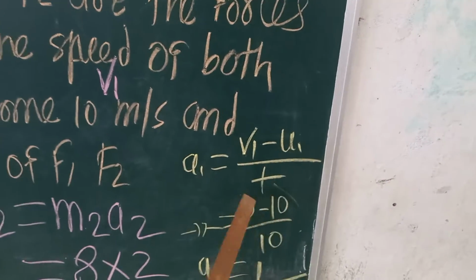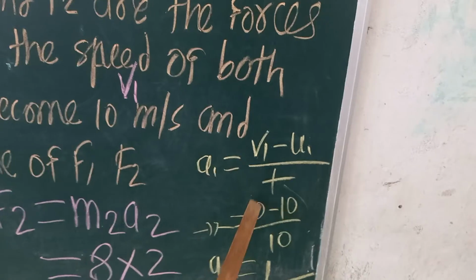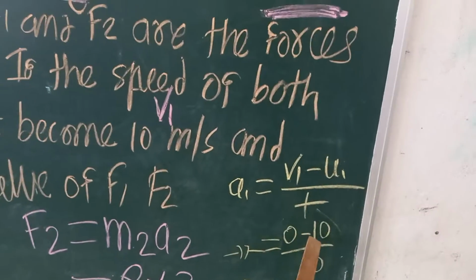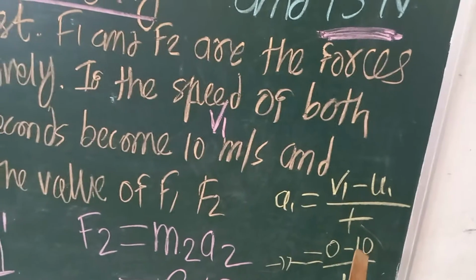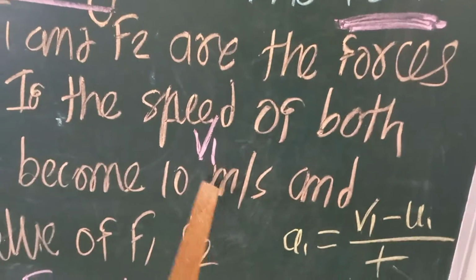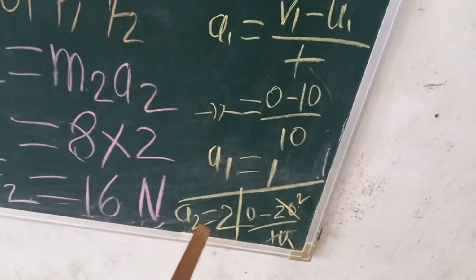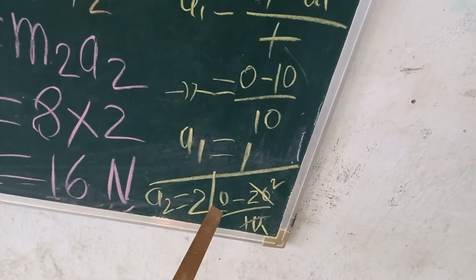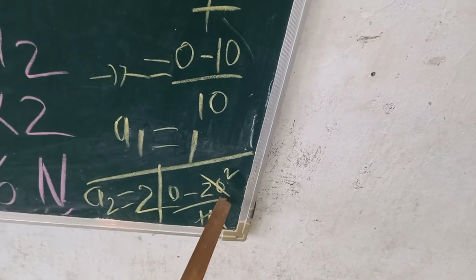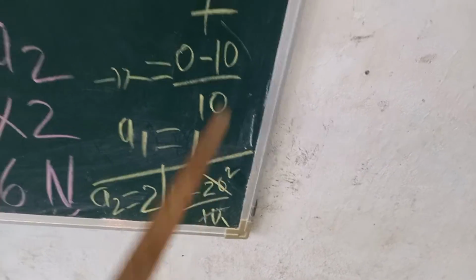So at first we will calculate the acceleration of the first condition: V1 minus U1 upon T. The initial velocity is 0 and the final velocity of the first condition is 10. In the second condition, initial velocity is 0 and final velocity is 20, and the time is common, 10 here and 10 here.